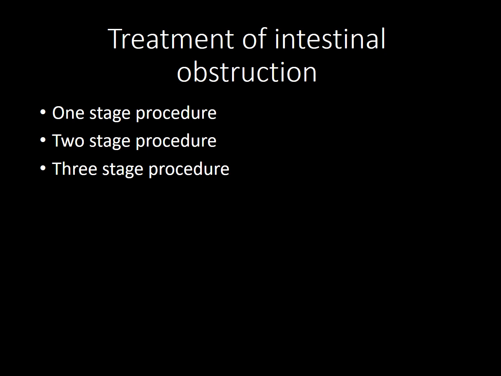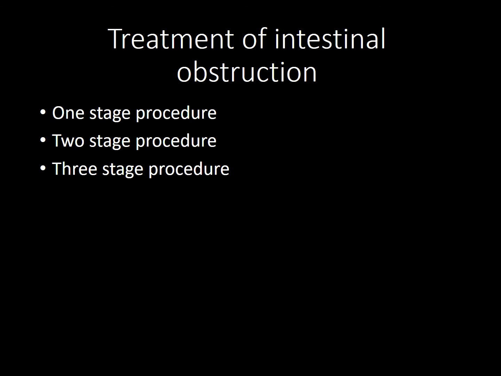In the two-stage procedure with colostomy, both ends of the colon are brought outside the abdomen, what we call Paul Mikulicz's technique. Or one outside and the other closed inside the pelvis, what we call the Hartmann procedure.